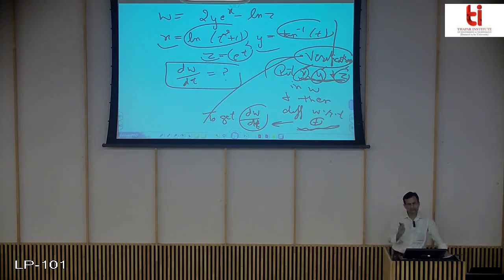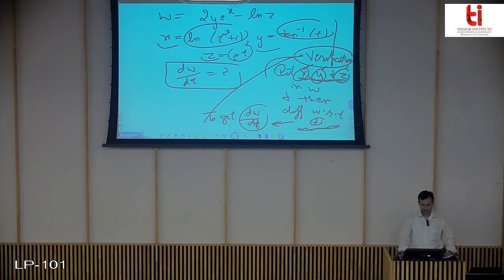In many cases these functions or variables are in implicit form. When they are given in implicit form, you can't put these functions back in w and get the required result. So that is why there is a chain rule that can help you find the derivative in such cases.